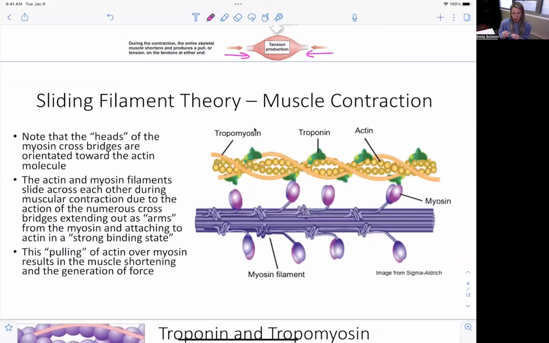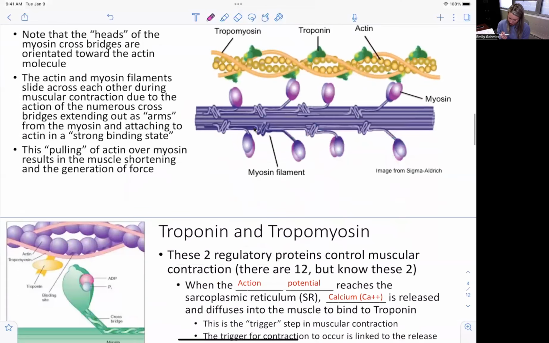Again, the YouTube video prior to this shows a really good visual of the sliding filament theory. So make sure you understand the mechanisms and the molecular underpinnings that feed into muscle contraction.